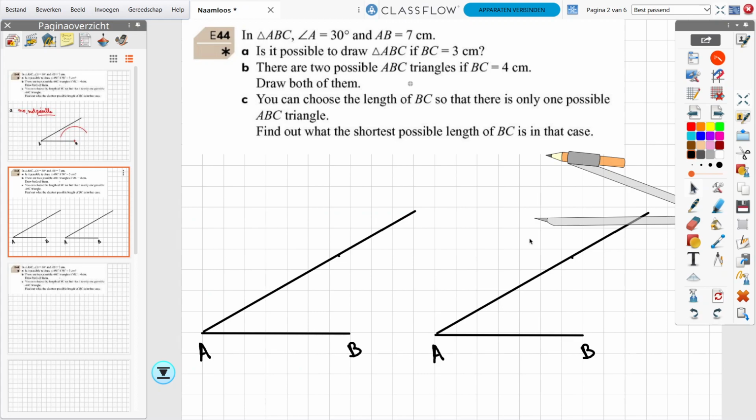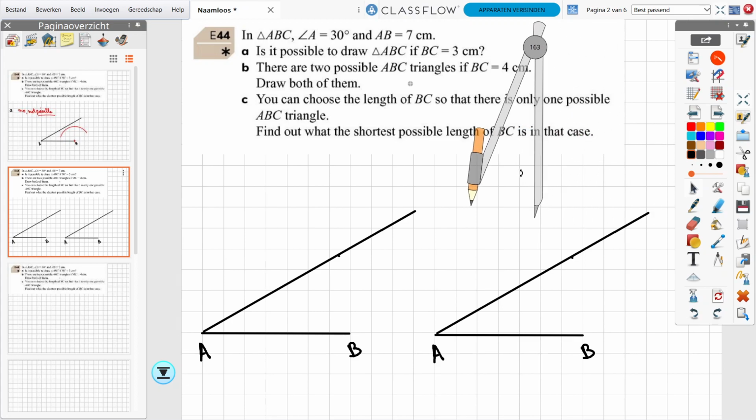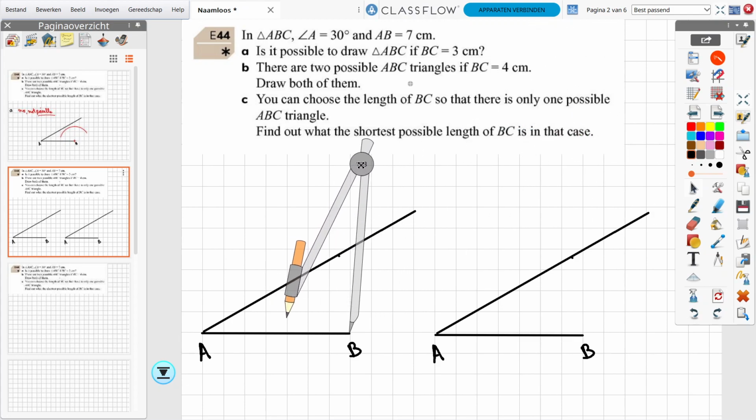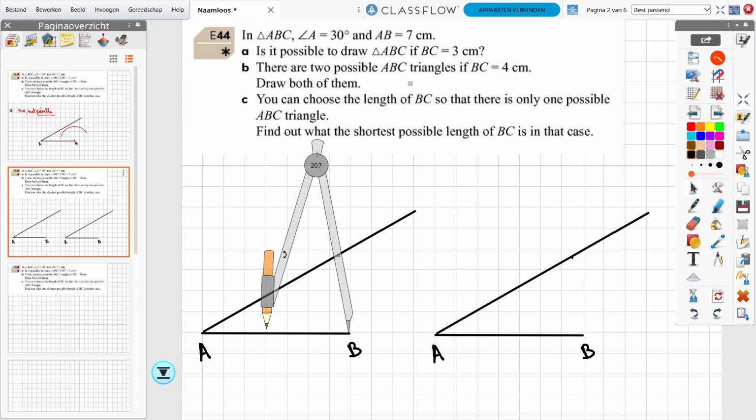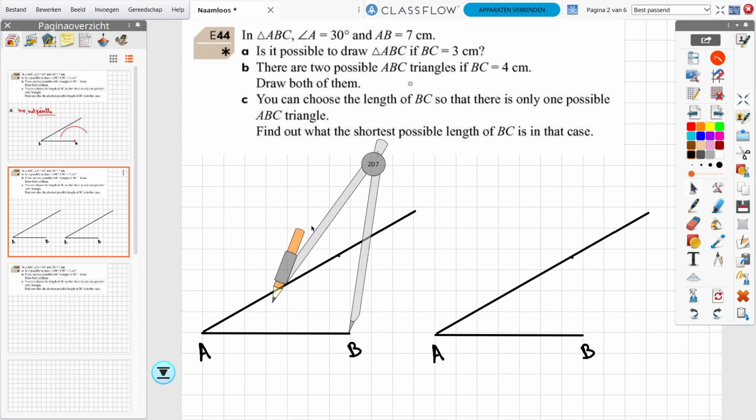Now they say BC is 4 centimeters. So what I should do now is take my pair of compasses and measure out 4 centimeters. And you see something funny happening here. This is what they meant with that there were 2 possibilities.